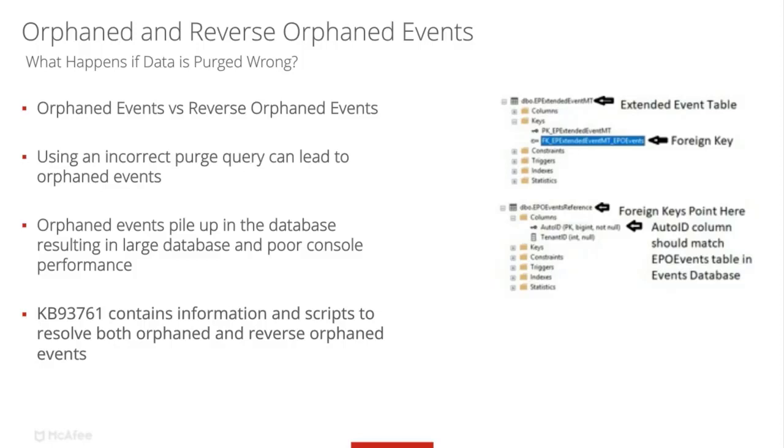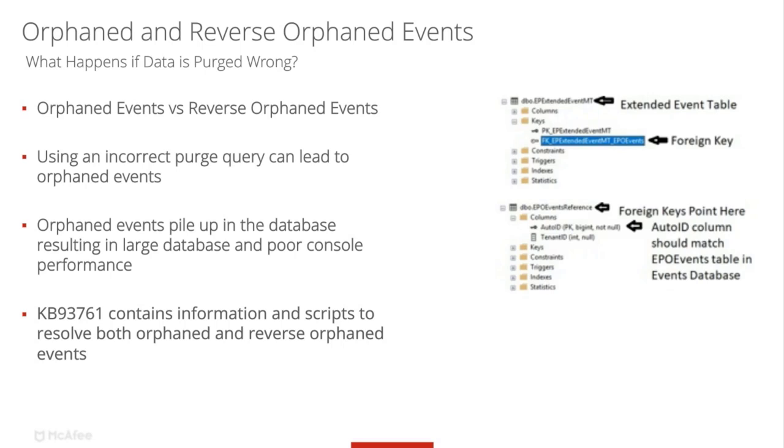So you only have to delete from one table, the ePO event reference table, and it will take care of all of the extended event tables via this foreign key. But if you've been deleting directly from the events database and not deleting those corresponding rows, all of those other tables, all of that extended event information will remain in the database. So that is an orphaned event.